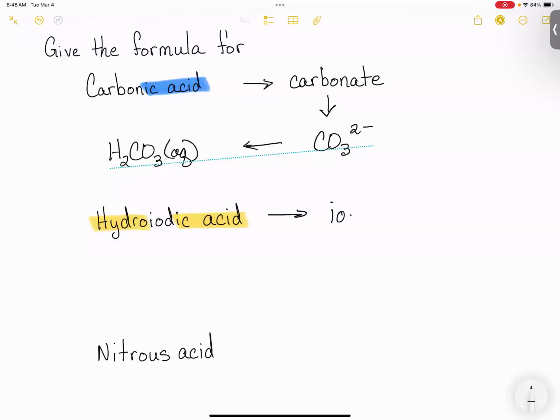So this is iodide. And what is iodide? It's an anion of an element, I, and because it's in group 17, it's a -1 charge. Therefore, hydroiodic acid is HI aqueous.